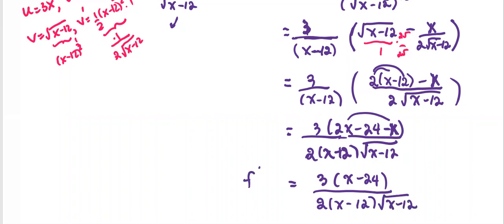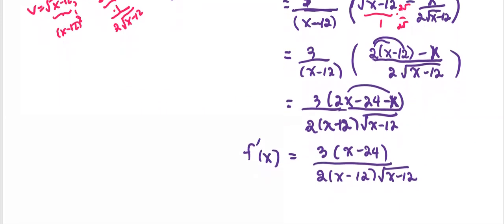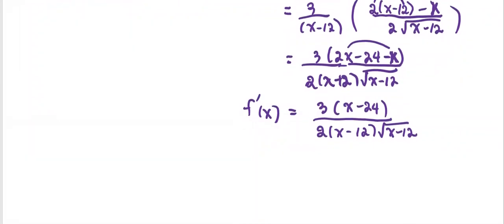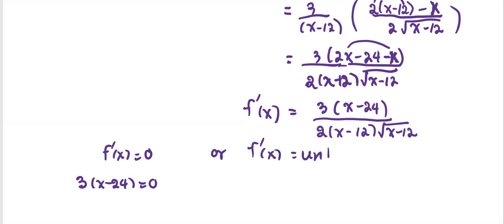So this is the f prime or the derivative of this function. And this is the form that you see as one fraction. It's convenient when you have to work on the critical number, because for the case of f prime equals 0, you take the numerator 3x minus 24 equals 0, and the case that f prime is undefined, you take the denominator equals 0.